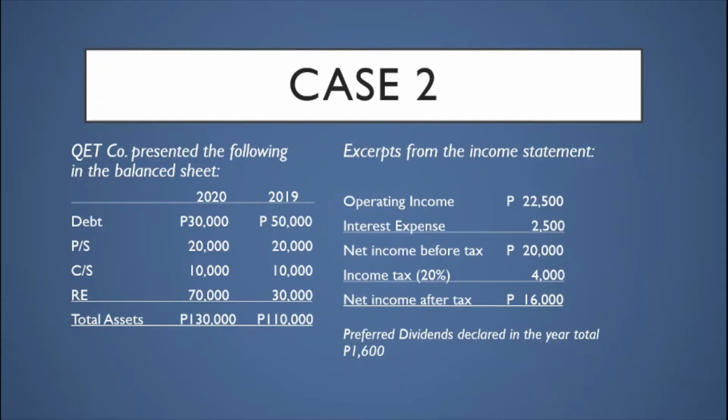Excerpts from the income statement are also shown from operating income until net income after tax. Preferred dividends declared in the year total 1,600 pesos.